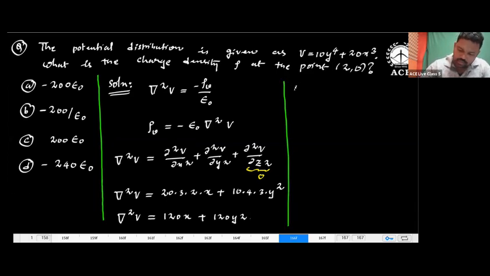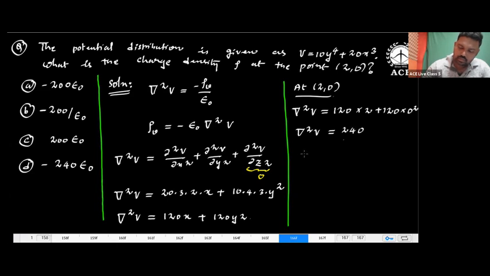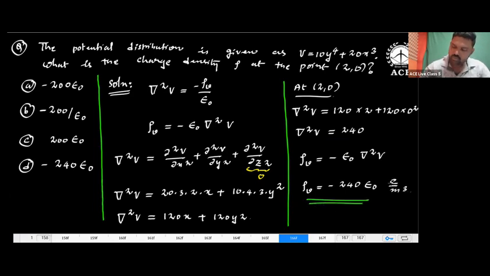He is asking at a point 2, 0. Just substitute. Del square V is equal to 120 into 2 plus, here is the answer.